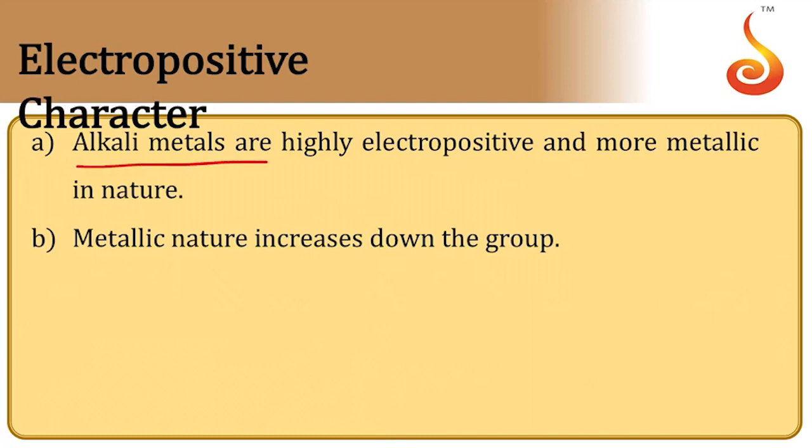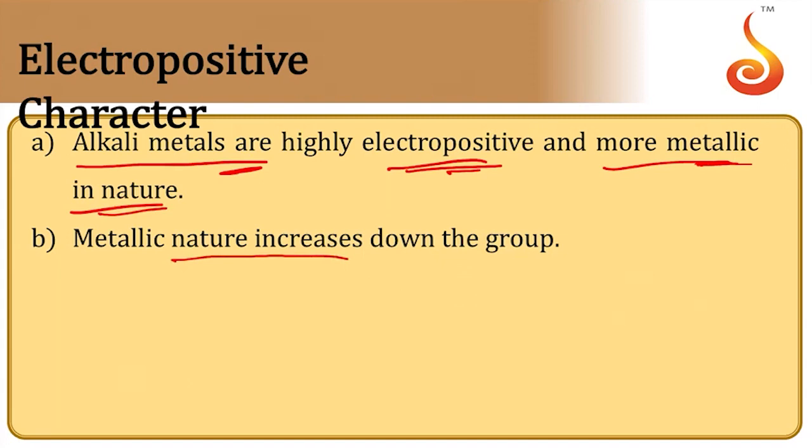When it comes to electropositive character, alkali metals are highly electropositive in nature because of their larger size, and metallic property depends upon electropositivity. Since they have more electropositive character, they are more metallic in nature. So alkali metals are highly electropositive and highly metallic.